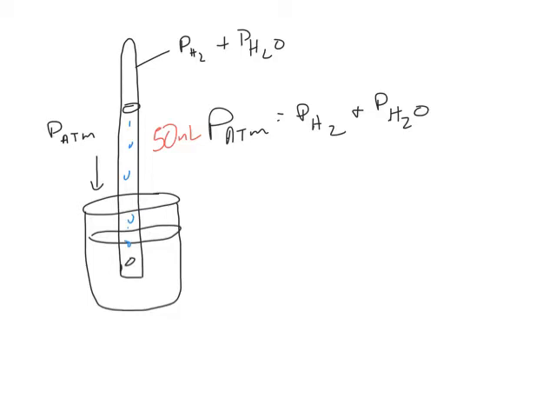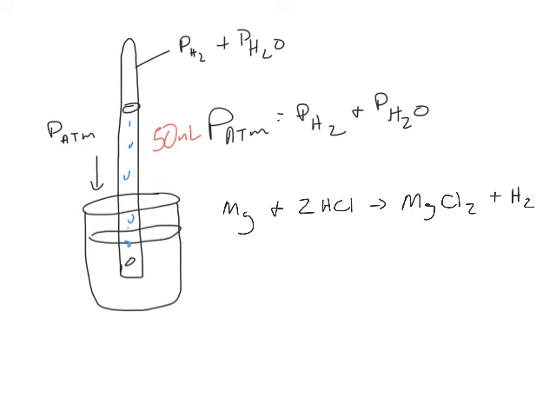So what we're trying to do here is, all of our gas capturing devices, called eudiometers, have a maximum volume of 50 mL. So you want to make sure that you're generating some gas by reacting magnesium with hydrochloric acid to make magnesium chloride, and the gas that you're collecting is hydrogen.